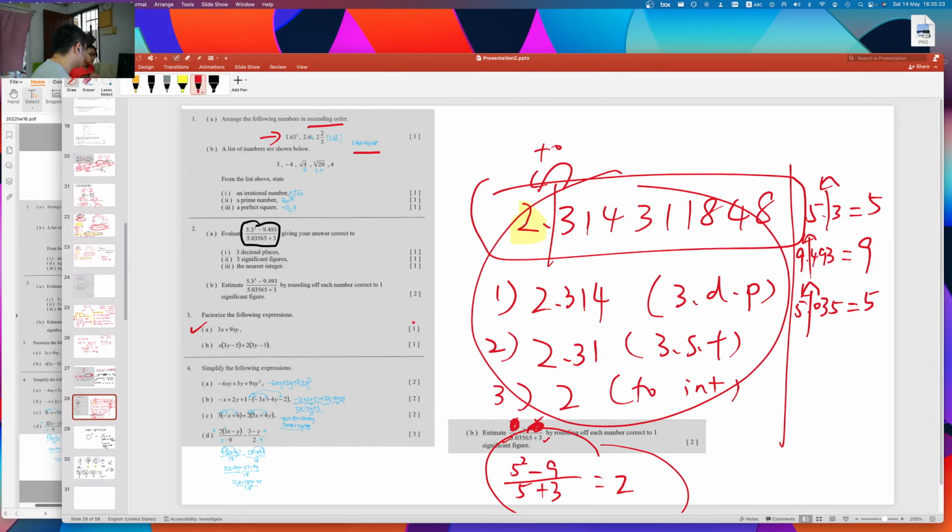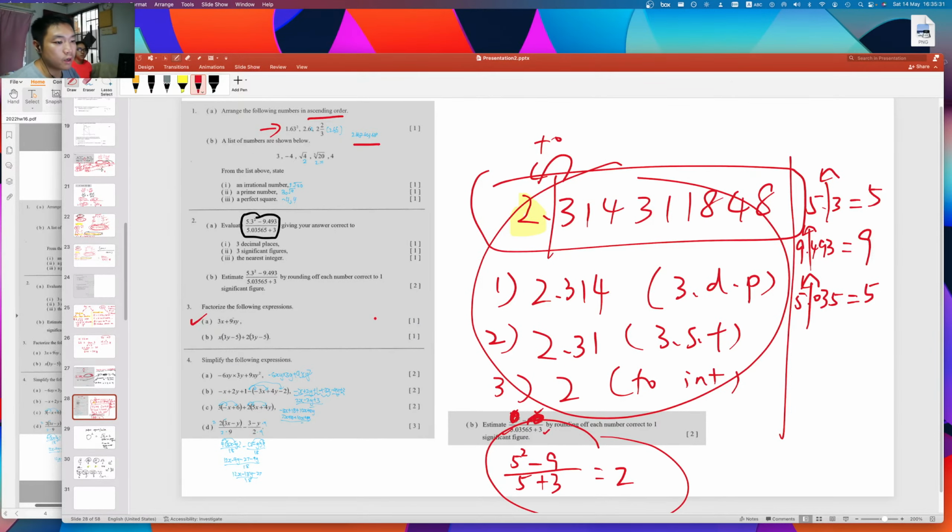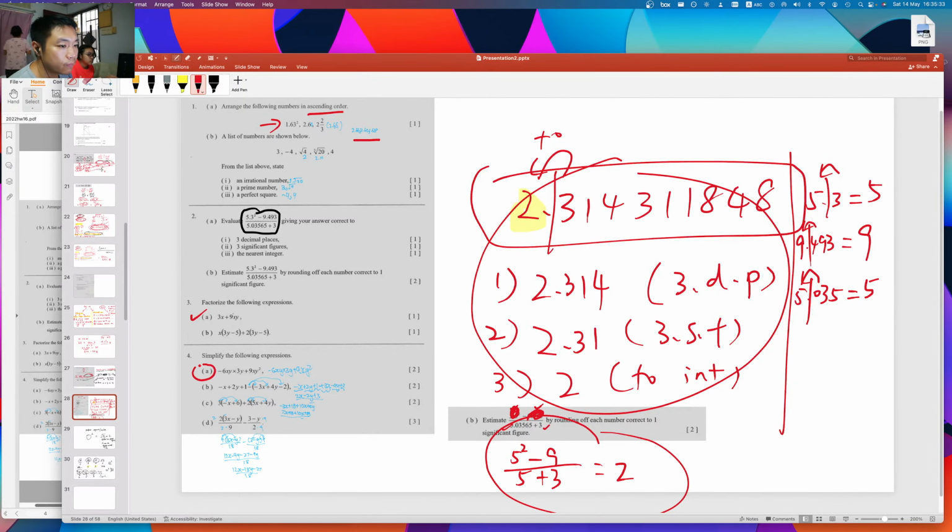Okay, the next question is very easy. Same thing, 4a. Do the splitting first. You never do the splitting. Split the minus 6xy, then split the 3y, split the 9xy squared, then you will see what is common. Do the splitting first. I'm talking about this question. This is 3 terms. Do the splitting first. Then let me check your work.